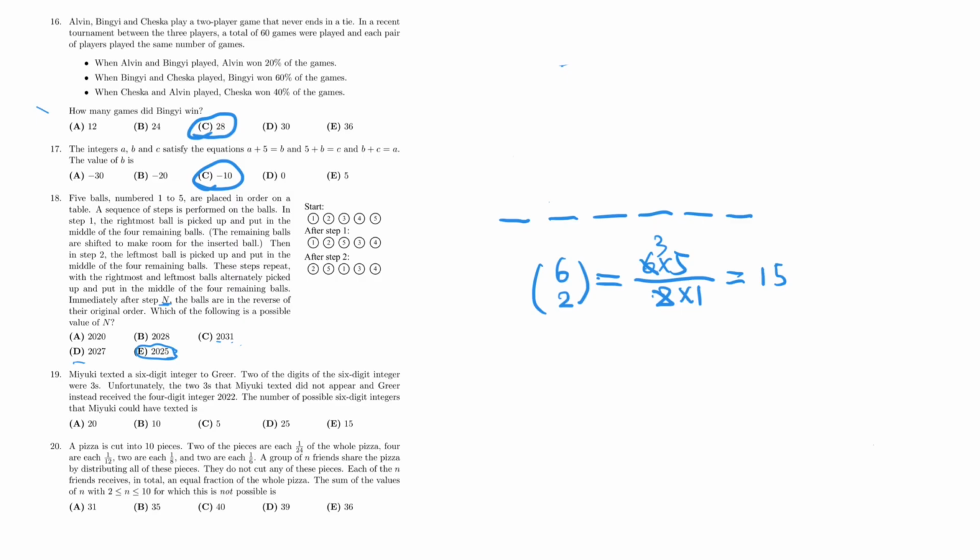If you use the calculator, just put the 6, then press the nCr key and then put the 2. It will give us the same, 15. Therefore, the answer of 19 is E.